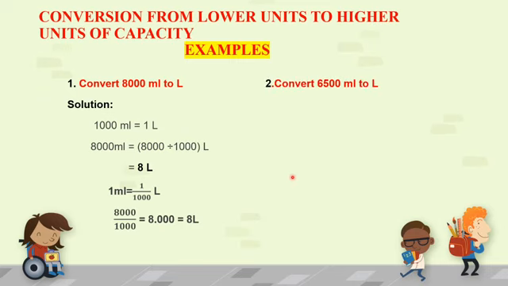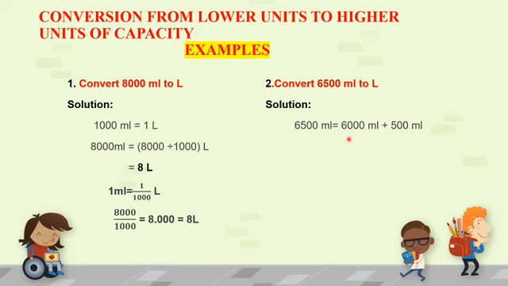Next question. Convert 6500 milliliter to liters. Here, 6500 milliliter to liter, you have to first break this down into two addends. How will you separate this into two addends?